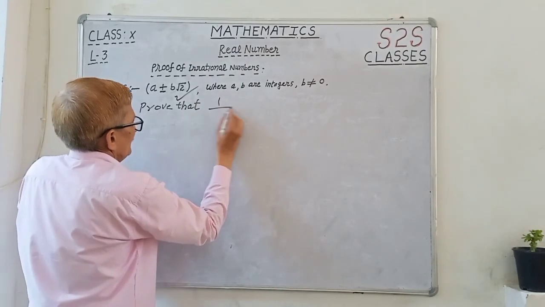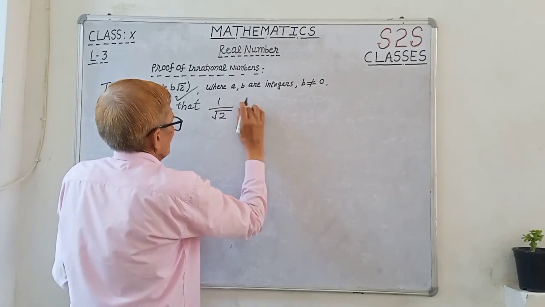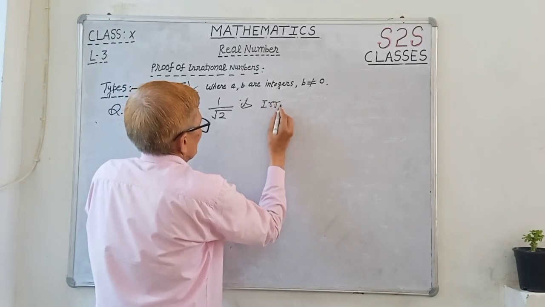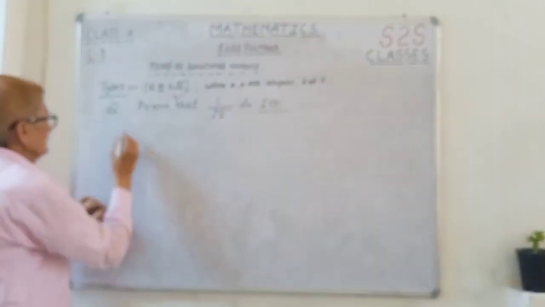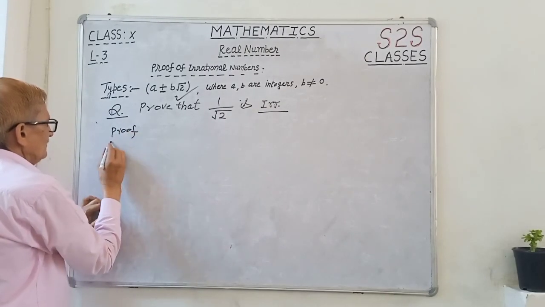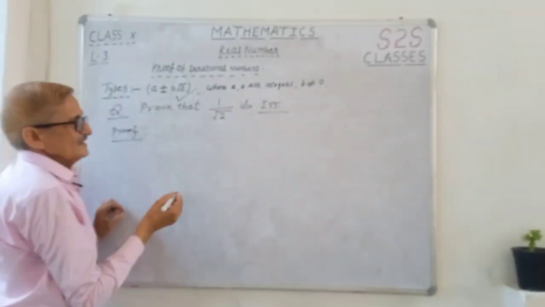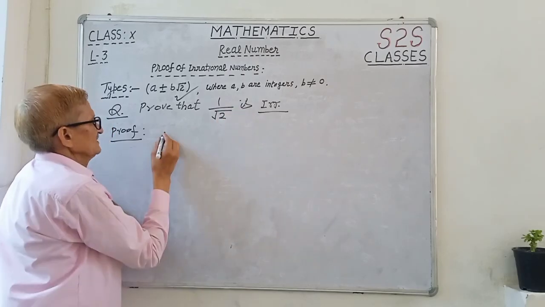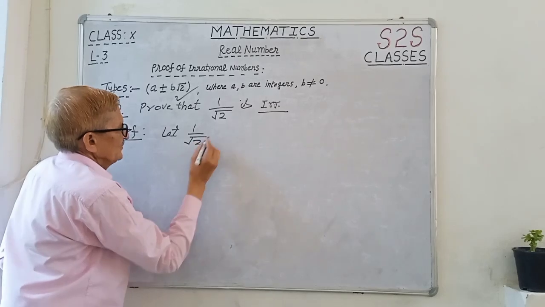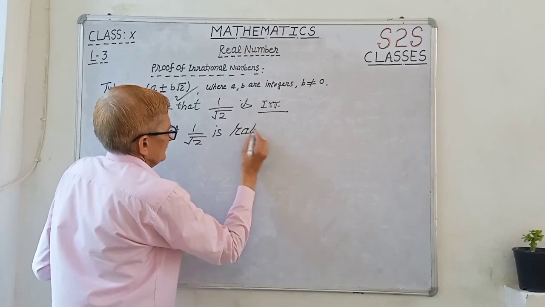Prove that 1/√2 is irrational. Yes, prove. Let it be not irrational, let it be rational. Same method, let 1/√2 be rational.